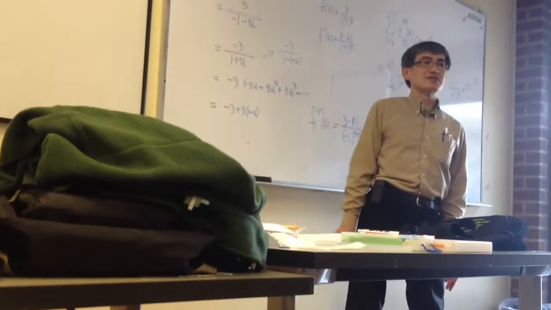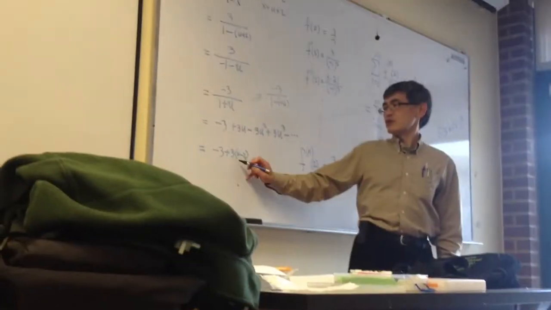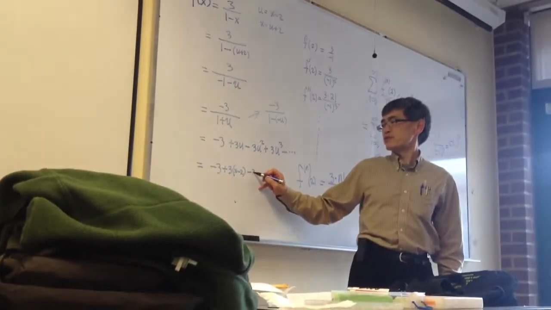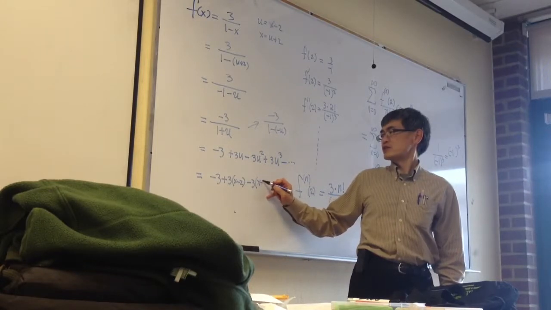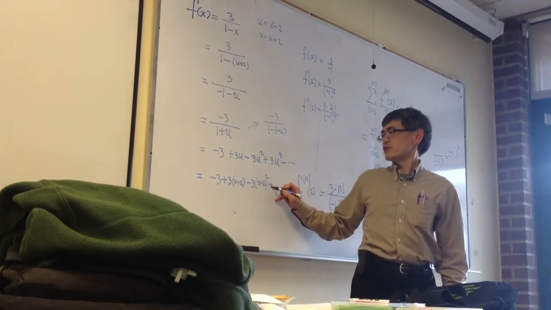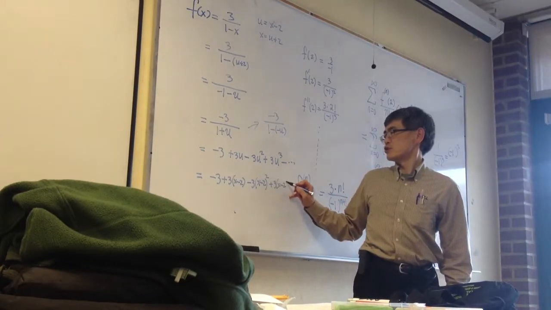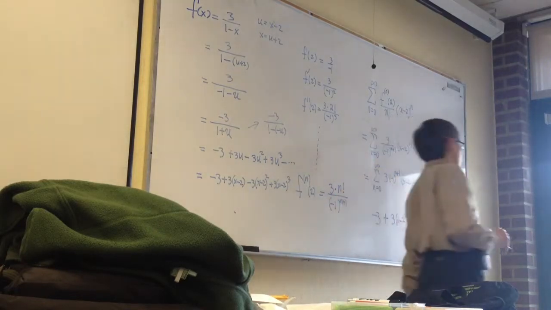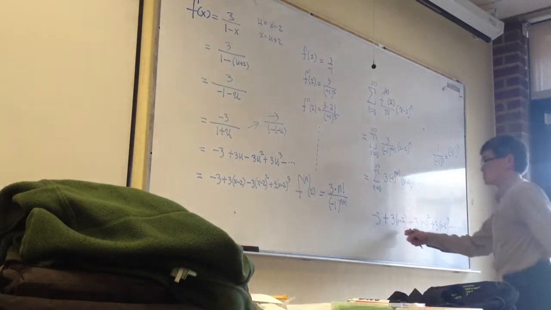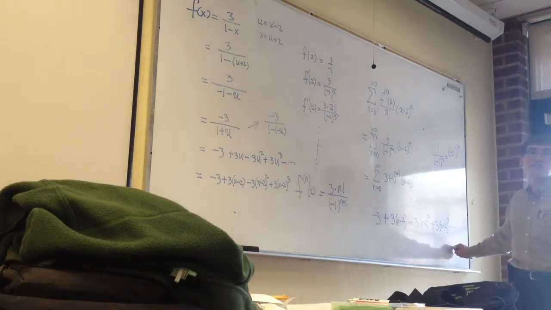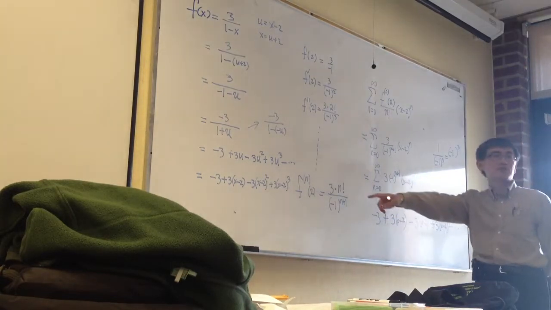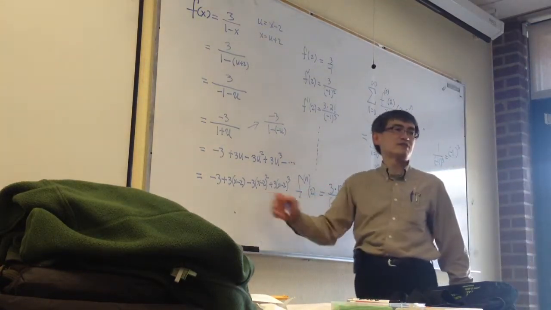That's what u is. So 3u means 3 times x minus 2, minus 3 times x minus 2 squared, plus 3 times x minus 2 cubed. Isn't that the same thing as this one? Right? You can use sigma notation. I'll leave that to you. The same answer.